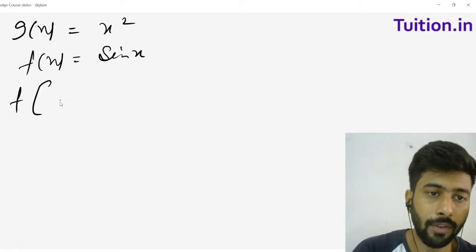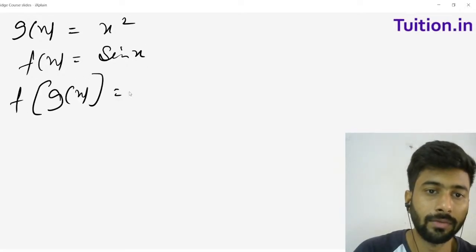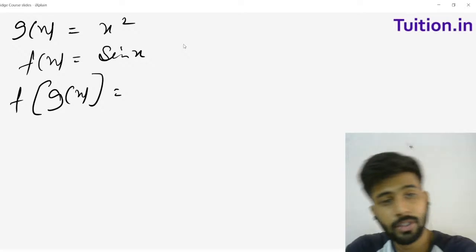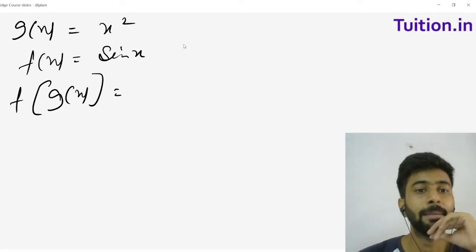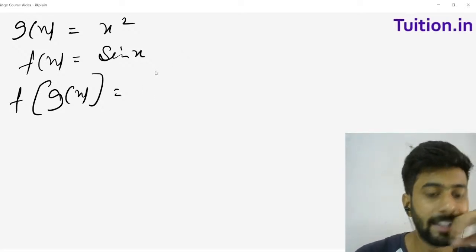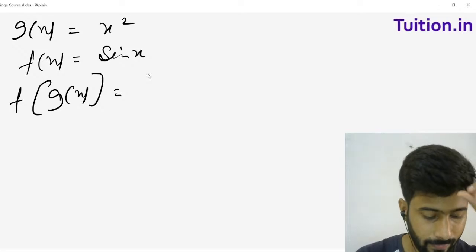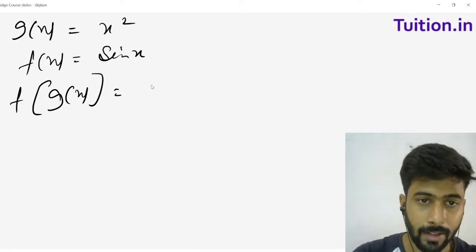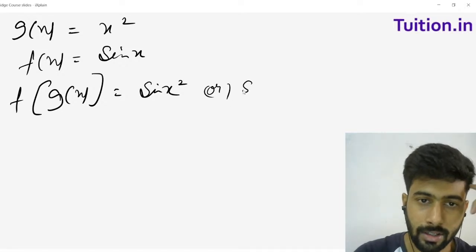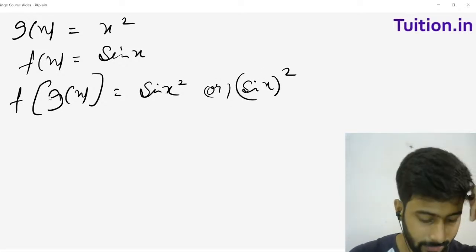So guys, what is f of g of x? Quickly tell me. Line them up and tell me. Is it sine x square or is it sine x whole square?